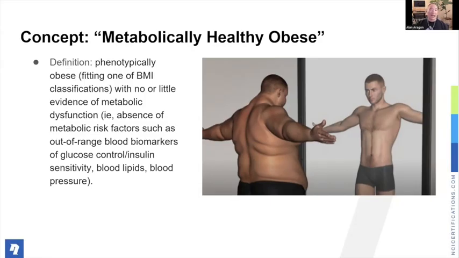In other words, the absence of metabolic risk factors that are out of range, like, for example, blood glucose and insulin sensitivity parameters, as well as blood lipids, high blood pressure, etc. So without these biomarkers of health being out of range, but we still have a BMI that falls under one of the categories of obesity, class 1, class 2, or class 3, that's what's considered metabolically healthy obese.